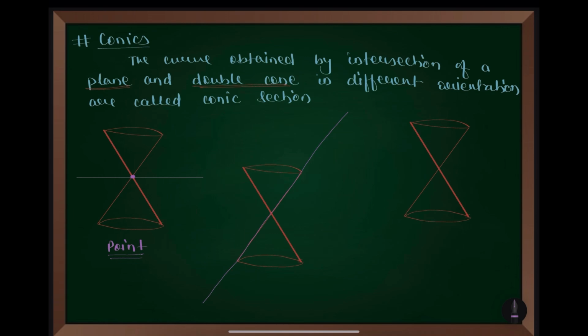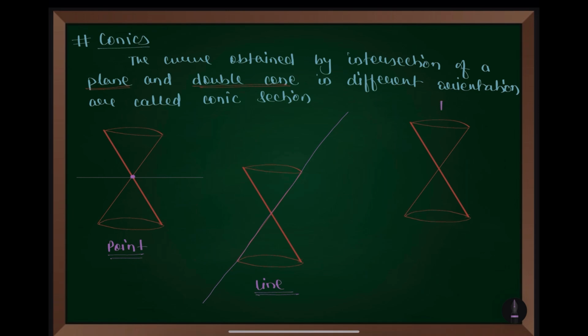I hope you are getting the idea from which it is passing. So in this case you will have a single line, and you have studied so many things about straight lines. So that line has been extracted from this.